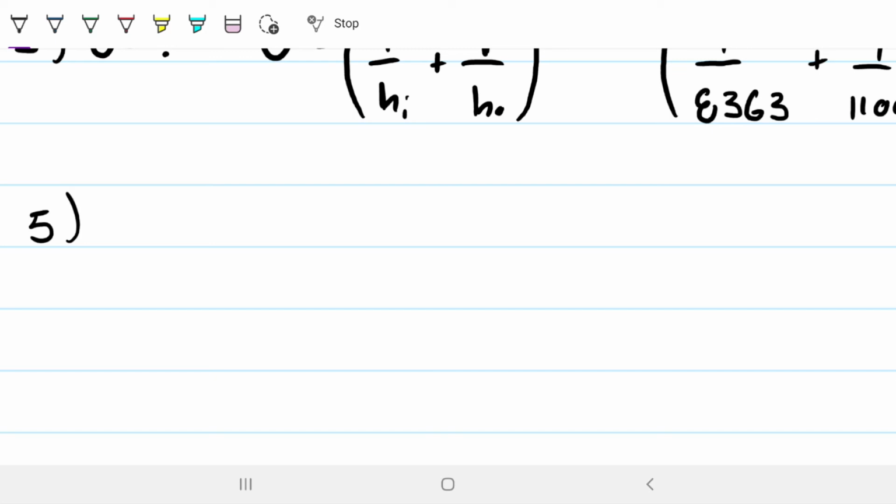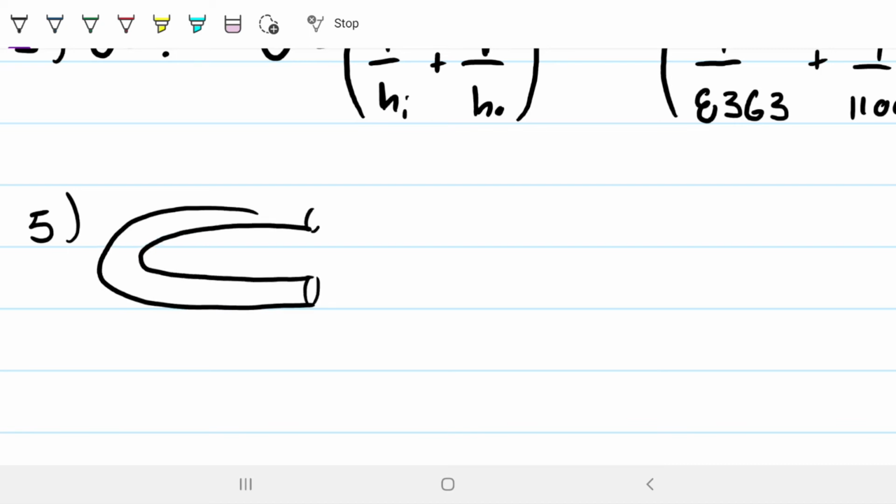So like I said in the very beginning, this is a tube, right? And then it goes twice. That's what 2 pass means, 2 passes. And then the L is this L here, right?